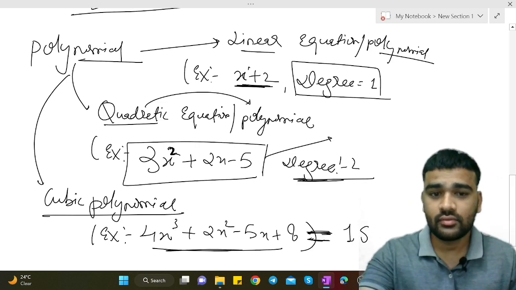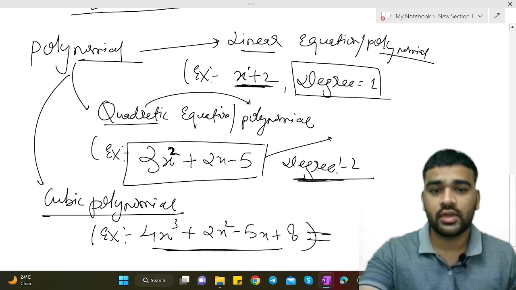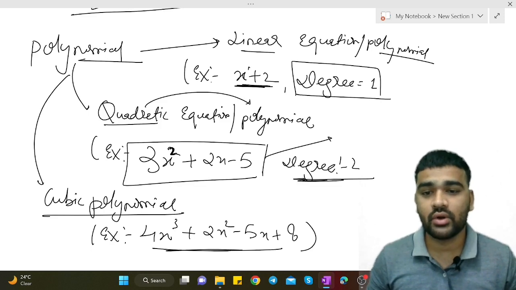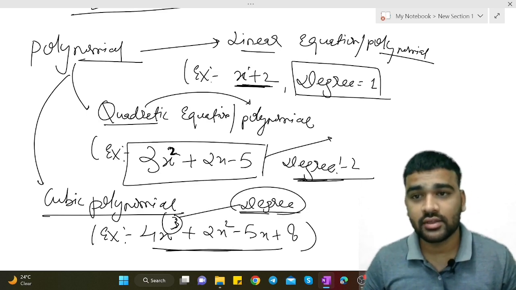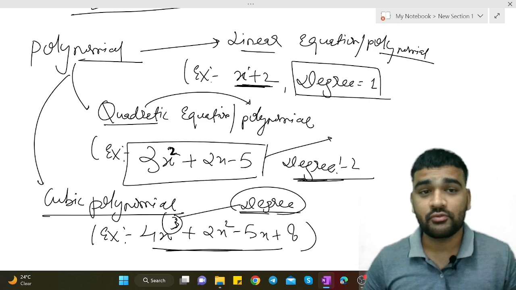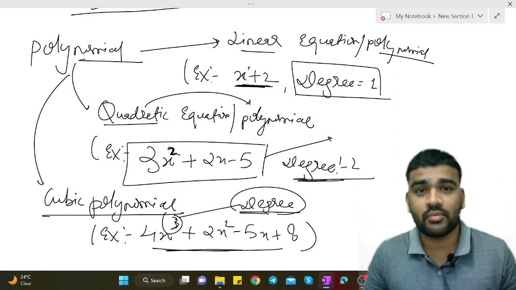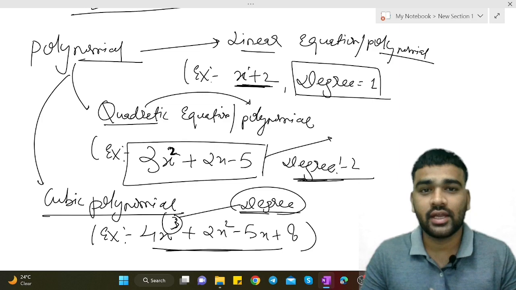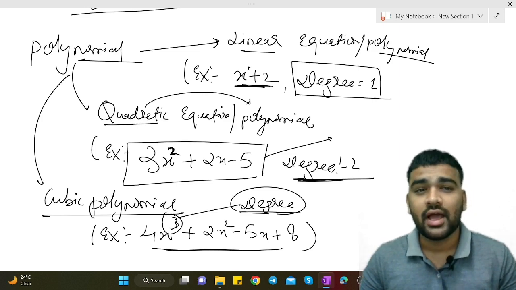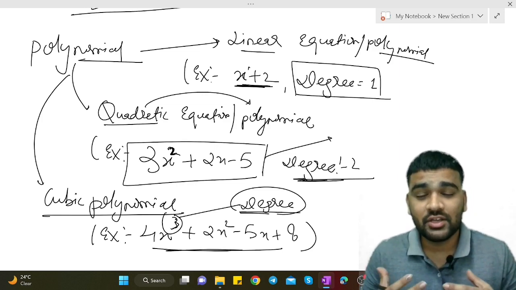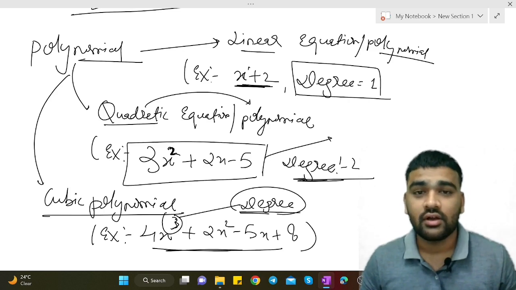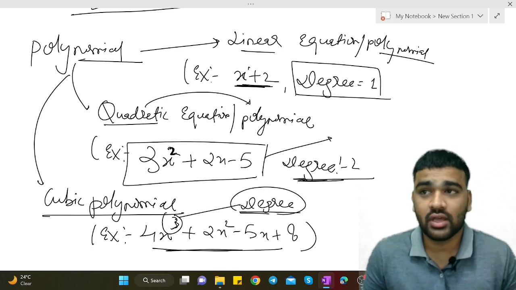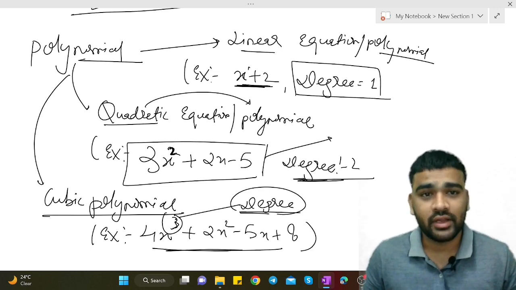Here the maximum power is 3, that means your degree is 3, so it will be known as a cubic polynomial. If you have degree 2, it is going to be a quadratic polynomial. We will study the quadratic polynomial deeply, how we solve it, how we can find the zeros, and how we can factor the quadratic polynomial by different methods.